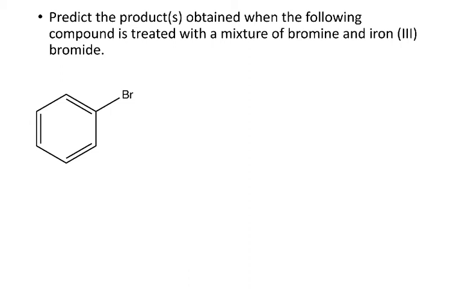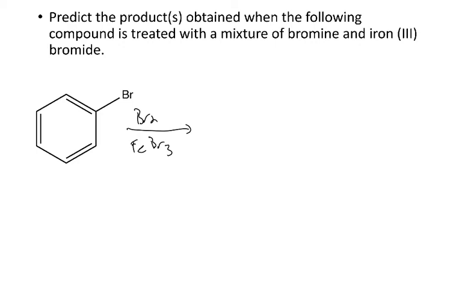All right, one more example. So we're treating bromobenzene with a mixture of bromine and iron 3 bromide. So that's going to give me bromination. Now, the bromine group is going to be weakly deactivating, but it's still going to be an ortho-para director.